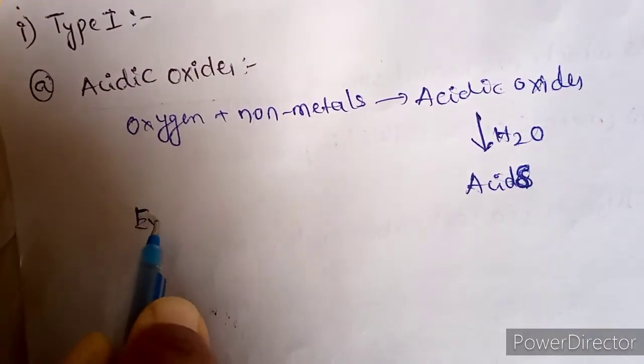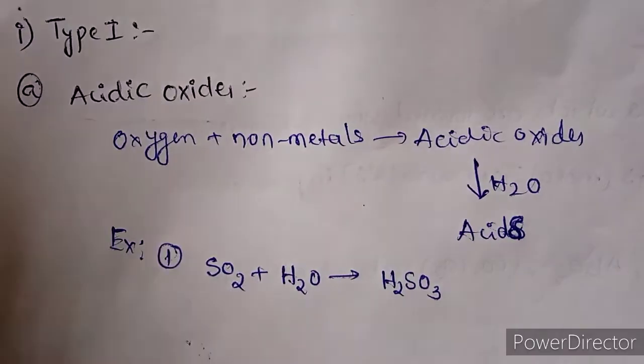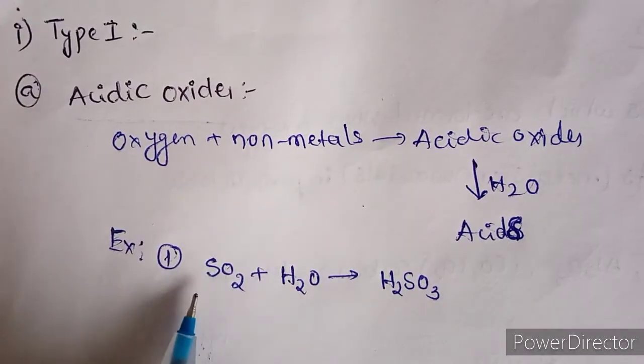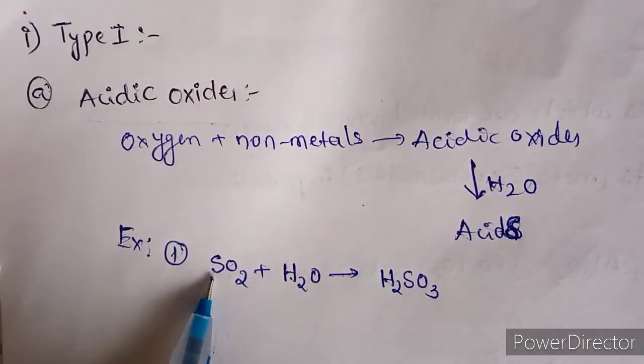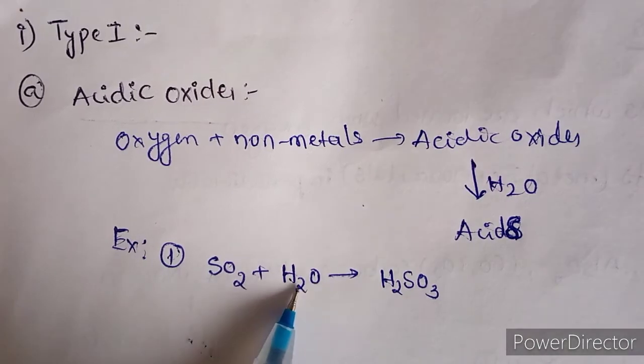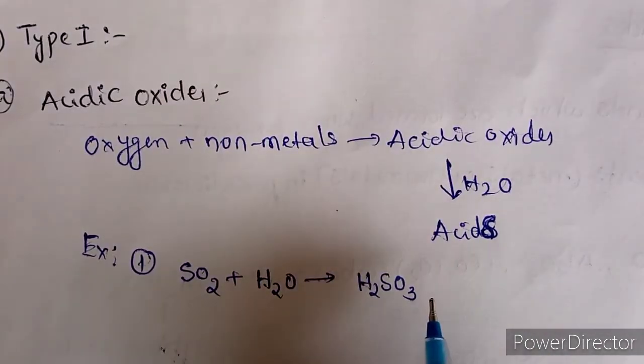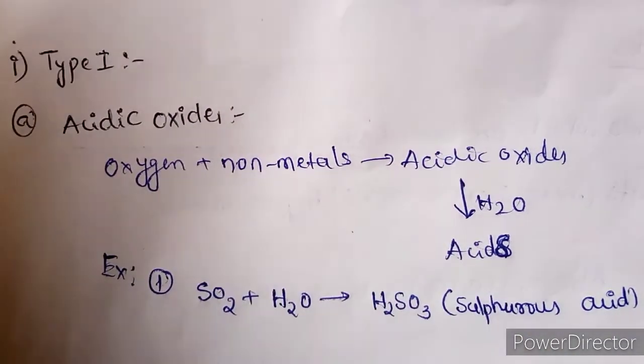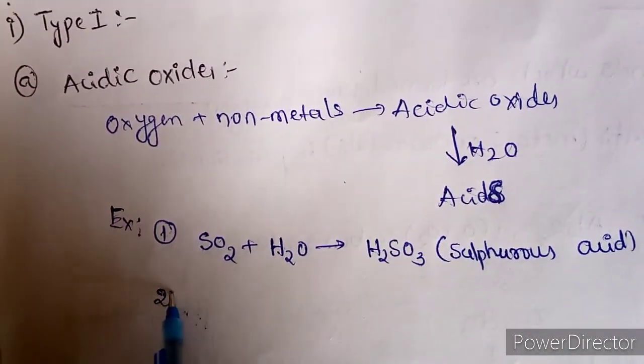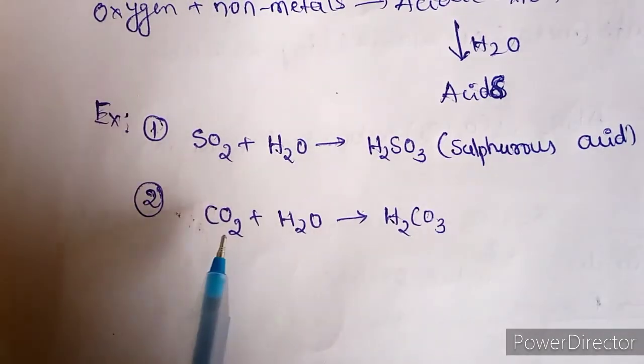Examples of acidic oxides are SO2, sulfur dioxide. It is formed when the non-metal sulfur is treated with oxygen, and when treated with water it forms sulfurous acid. Second example, carbon dioxide.